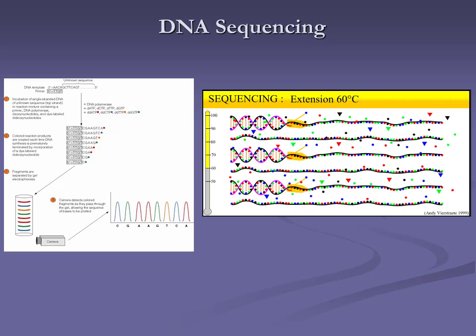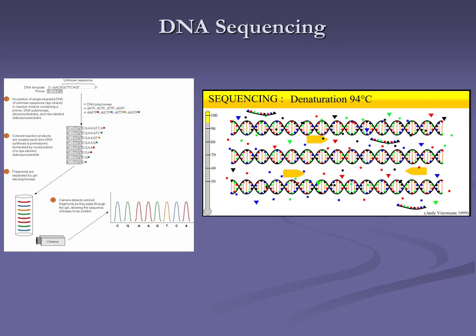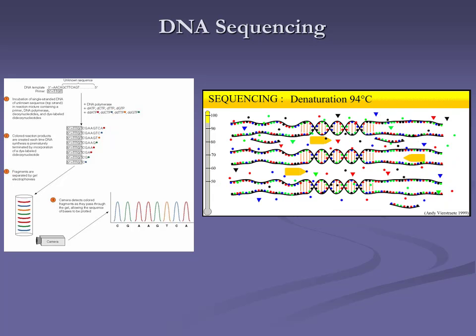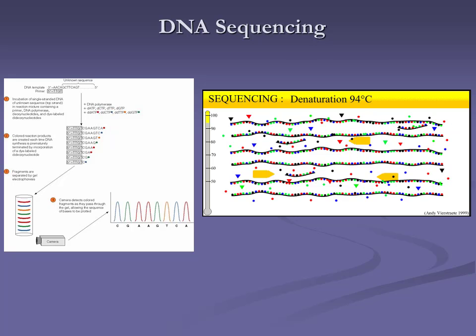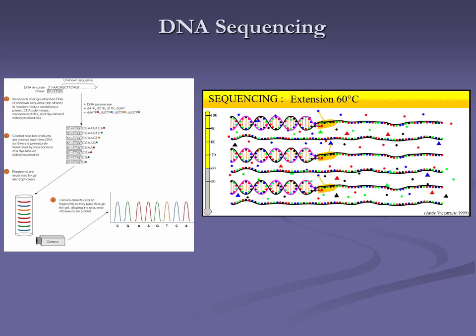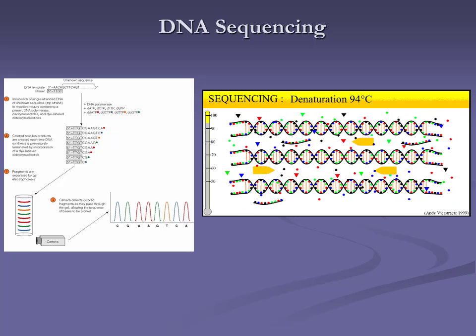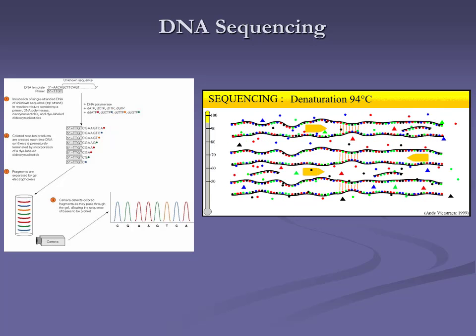Normally our nucleotides are dNTPs, deoxy ATP, deoxy TTP. But in this case, we have dideoxys as the triangles. The dideoxys can be inserted into the strand, but they can't have anything else added to it.